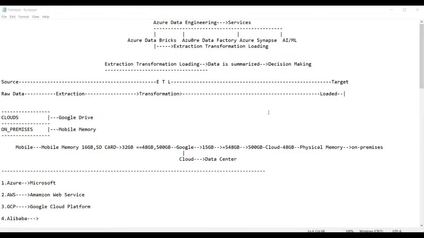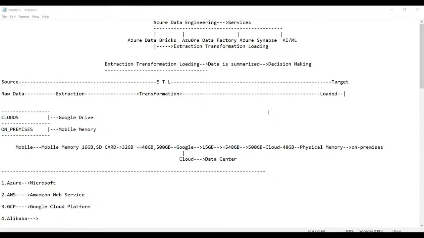Samit sir, ADB and ADF are both provided by Azure, Microsoft, right? What is the main difference between ADB and ADF? Basically, if there is a project where you are going to use ADF and ADB both, ADF is used for the data ingestion process, that means insertion of the data, only up to that.